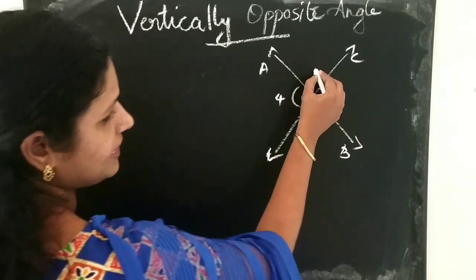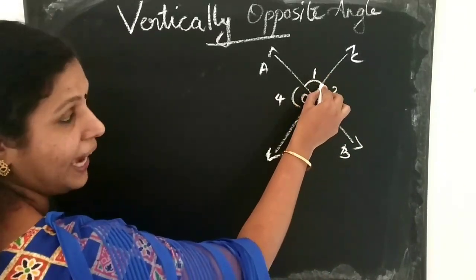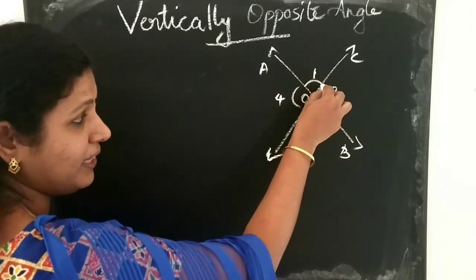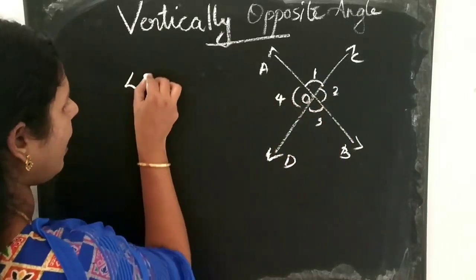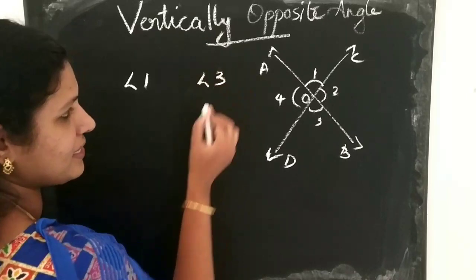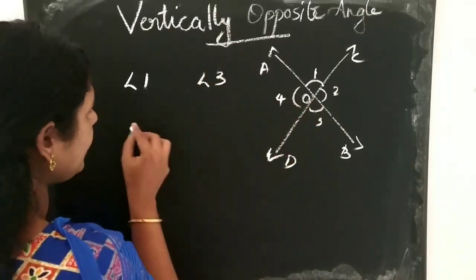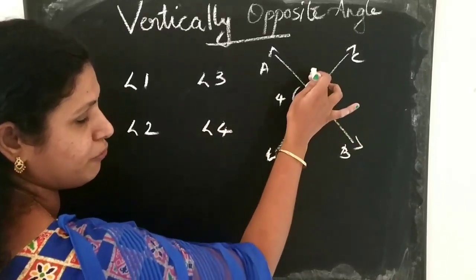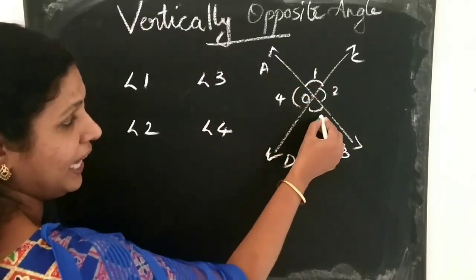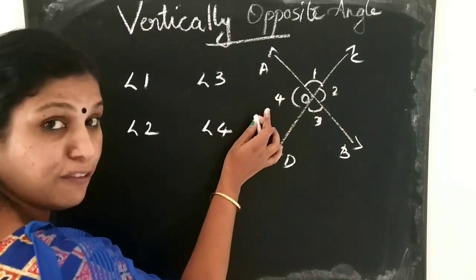Angle 1 is just opposite to angle 3, and angle 2 is just opposite to angle 4.